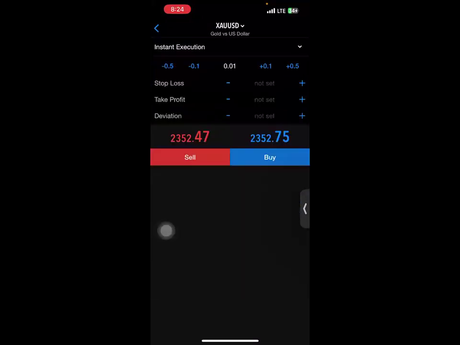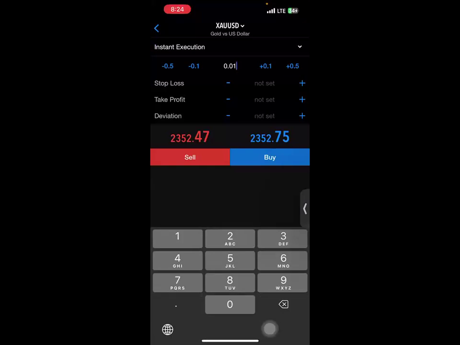It's called taking partials. All right. So for the stop loss, let's say we want to buy. Let's do 23.50.